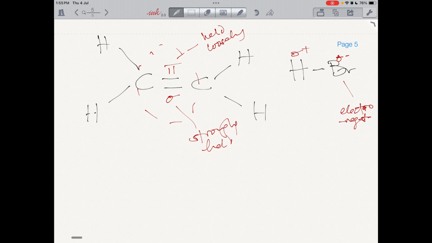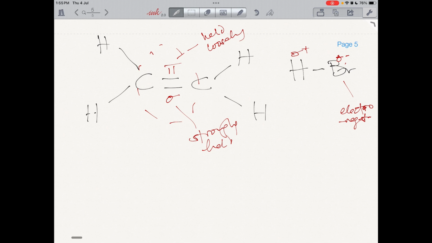So technically you have delta positive here and delta negative here.